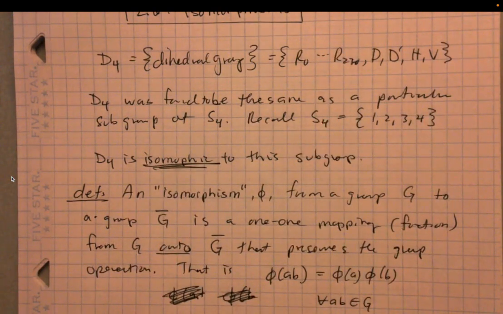And so those two groups, D4 and the subgroup of S4 that corresponds to these 8 elements, are isomorphic to one another. Now, we didn't go so far as to develop a mapping, but we'll see later in this section maybe we could do that relatively easily, right? But that was maybe one of our first examples of an isomorphism.